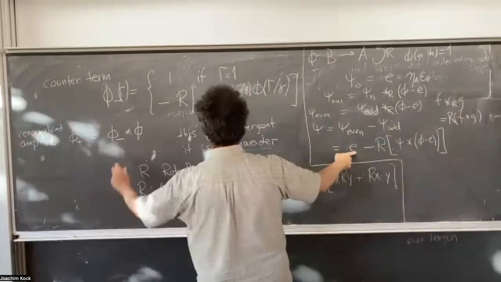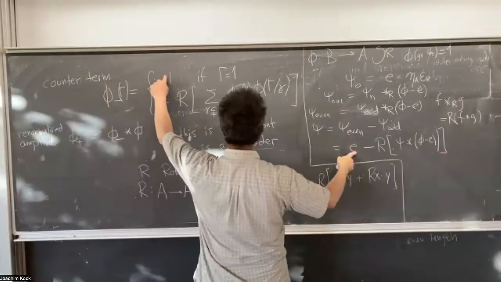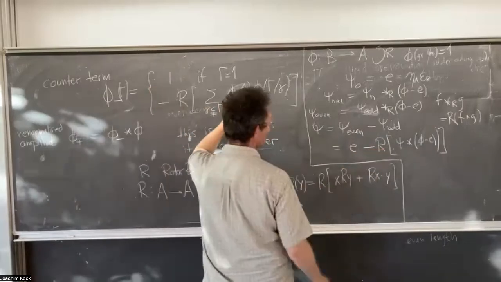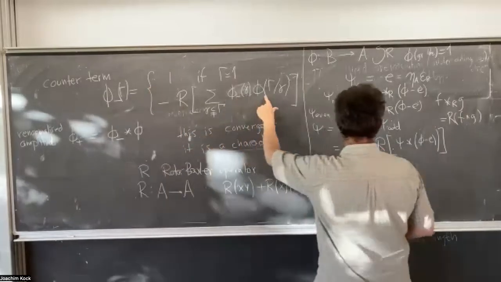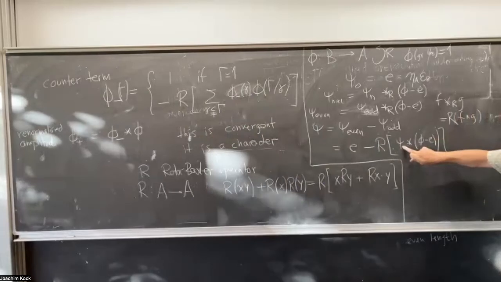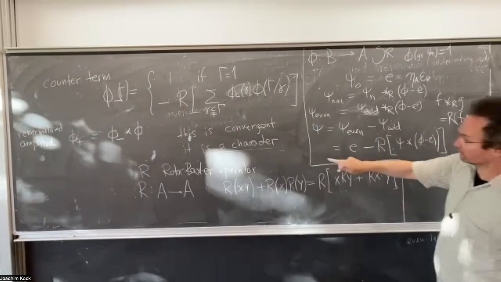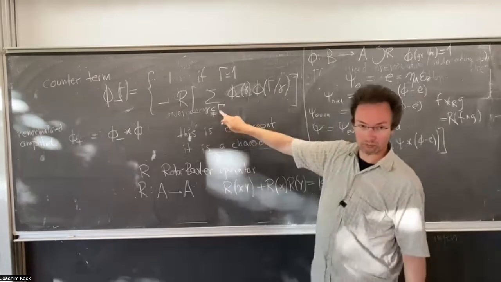The E here just says that there's a special case we should take care of. Then there's a minus R, that's this, and then this is the convolution product of the counter term with the original, and we make exception for the last point. The graph is not allowed to be the full graph.